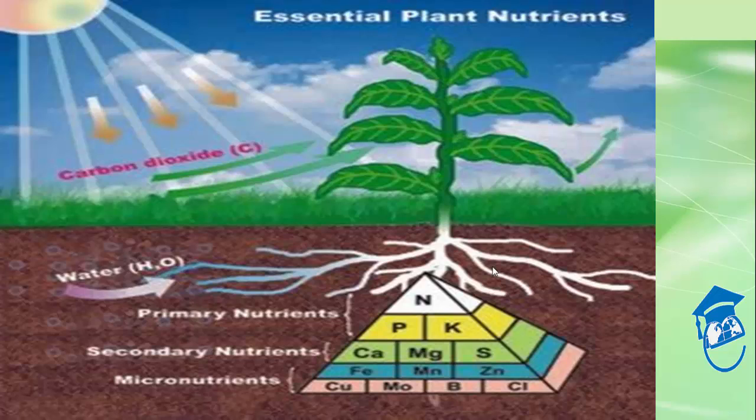So what are essential plant elements or plant nutrients? Most of the minerals present in the soil, see this is the soil, this is the plant, this is the sun, can enter plants through their roots. See, these are the roots.